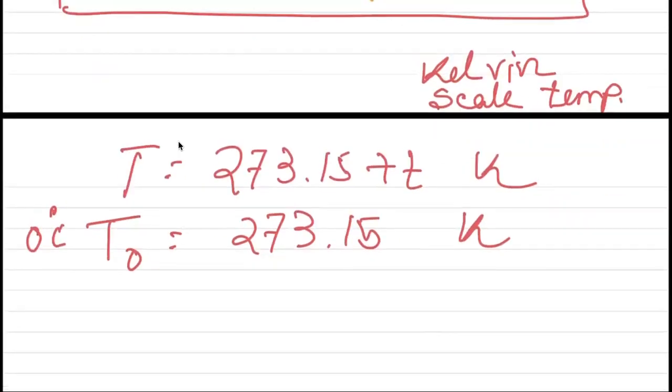So this scale is also known as the Kelvin scale or absolute scale of temperature. When we represent any temperature in Kelvin, suppose 373 Kelvin, we write 373 capital K. We will not use any degree centigrade sign here. So this new scale is known as the Kelvin scale or absolute temperature scale.